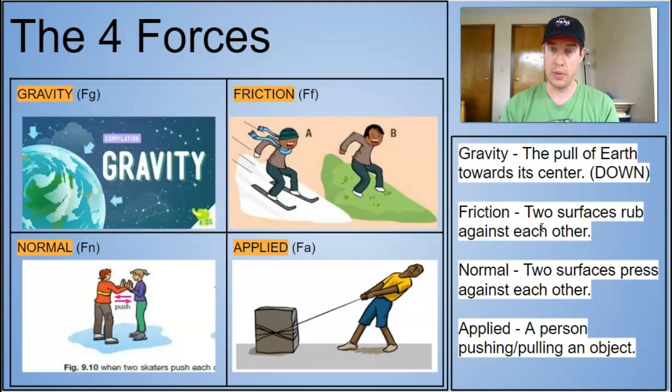Friction is greatly reduced when you're on the ice, but when you're not on ice, friction is there. So friction depends on the surfaces that are rubbing against each other. Are they very rough surfaces? A lot of friction. Are they very smooth surfaces? Not as much friction. Okay, so these are the forces we're going to be working with.